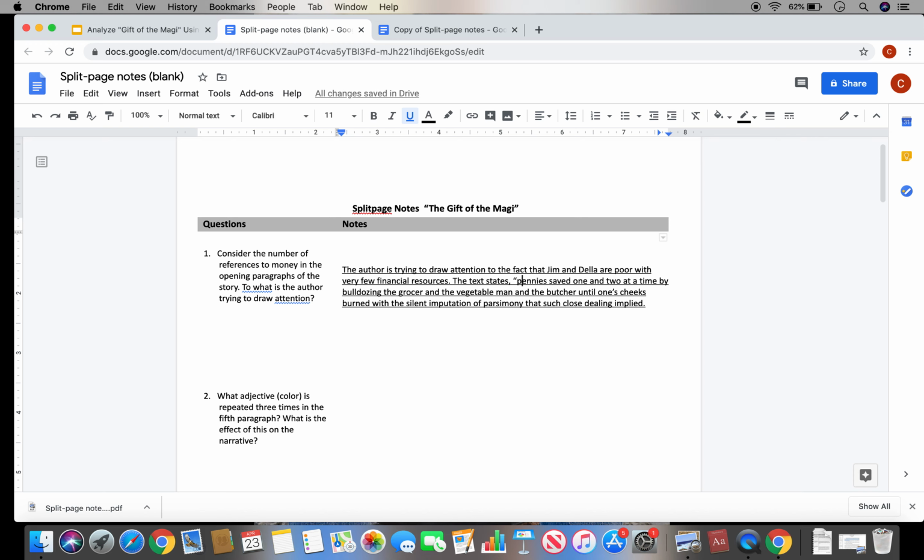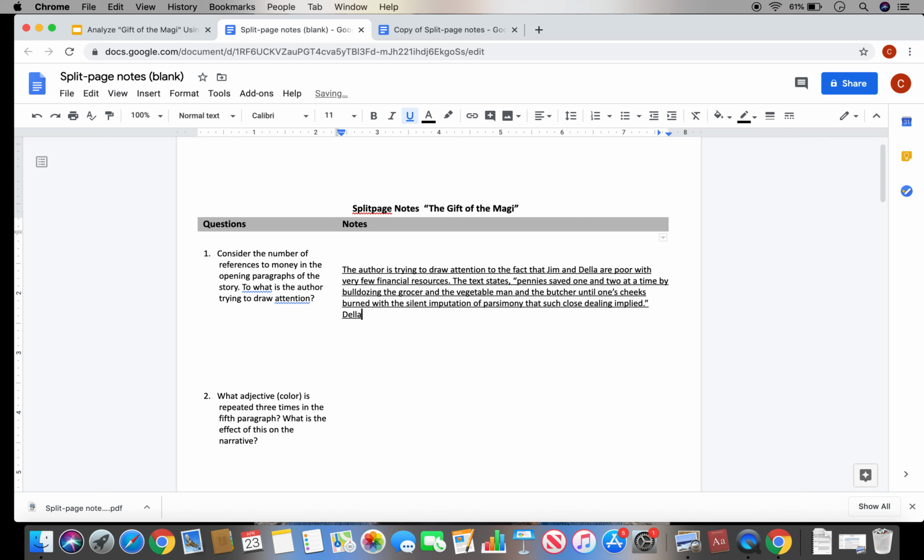And what I'm going to do now is put my end quotation marks, and then I need to explain it, right? So I'm not just summarizing this, but I want to make a connection between this and this, my C and my A. So how does this show that they are poor? Well, I would say that Della having to count pennies and then only being able to save up $1.87 shows the lack of finances that this family has, right? So I'm going to say that here.